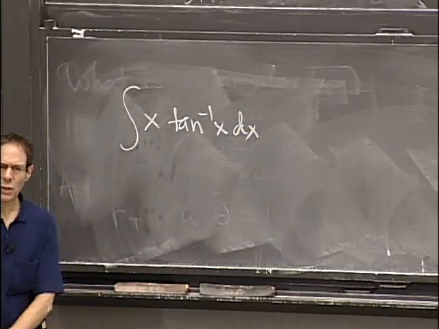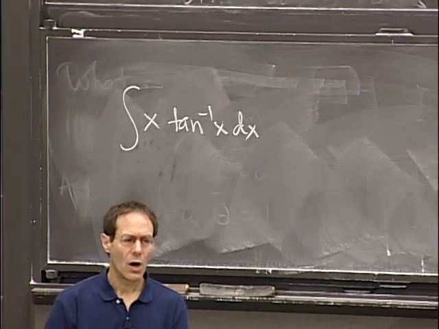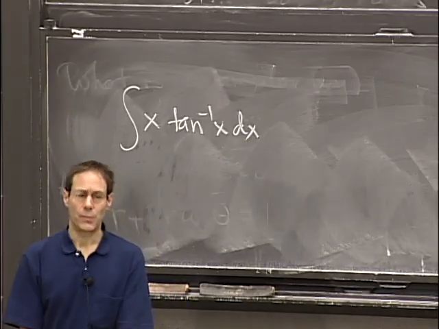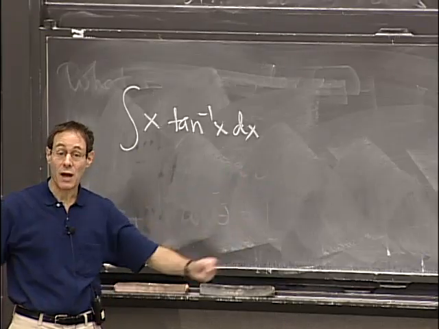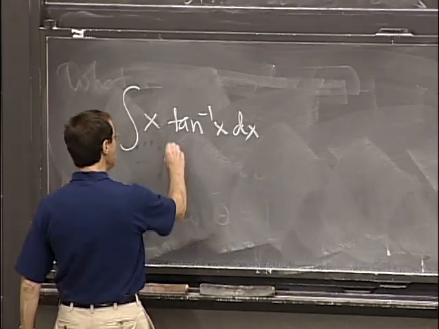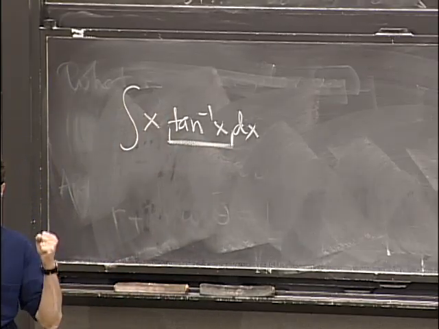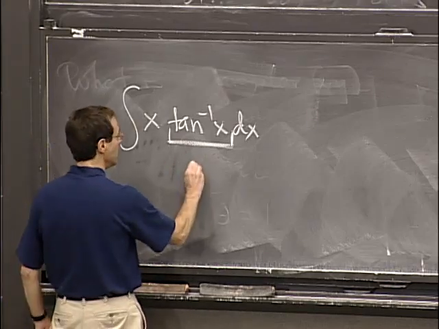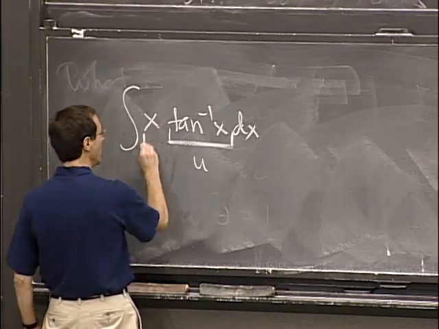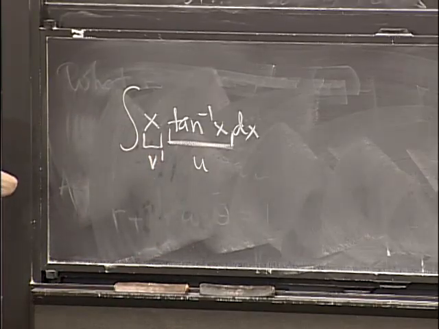So suppose you're faced with this integral. What are you going to do? Integration by parts, great. That's right. That's because this guy is begging to be differentiated to be made simpler. So I want this one to be u, and I want this one to be v prime. And I want to use integration by parts.